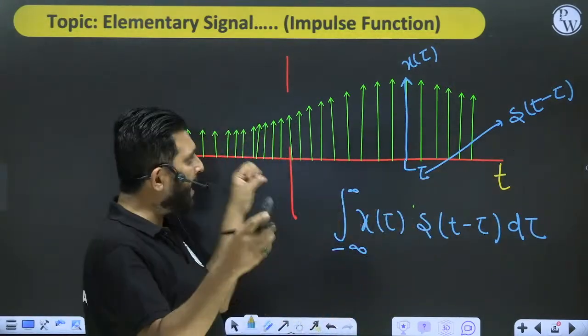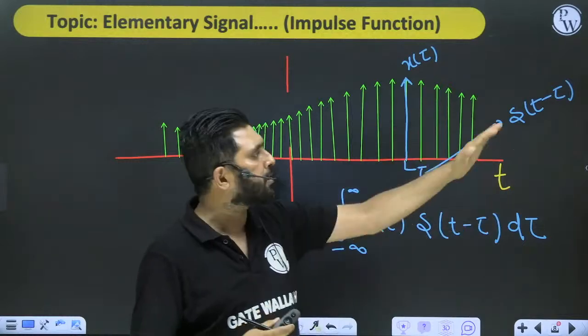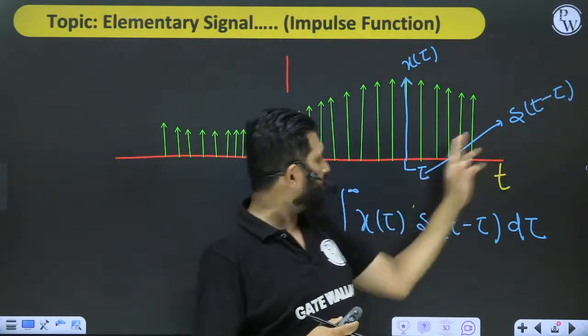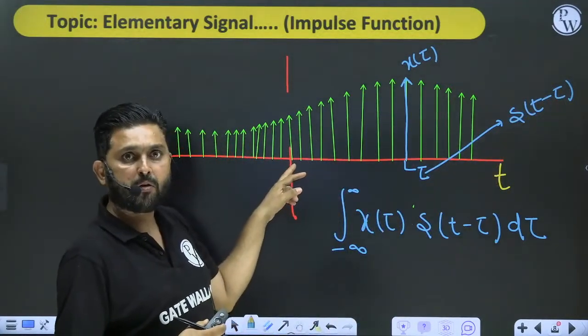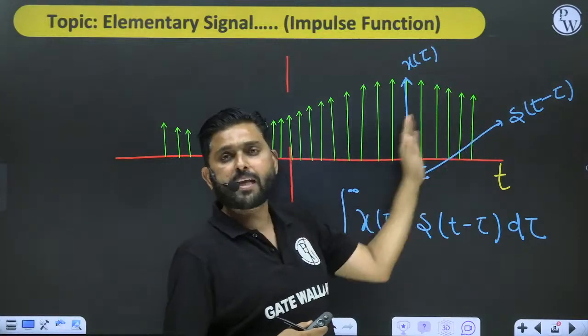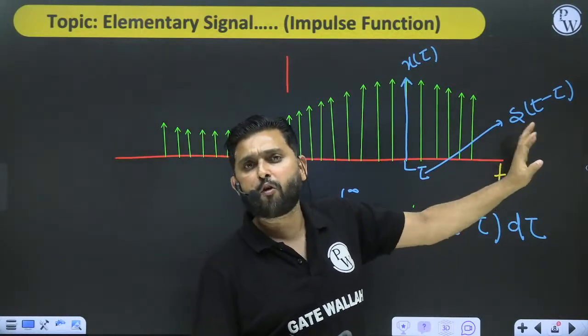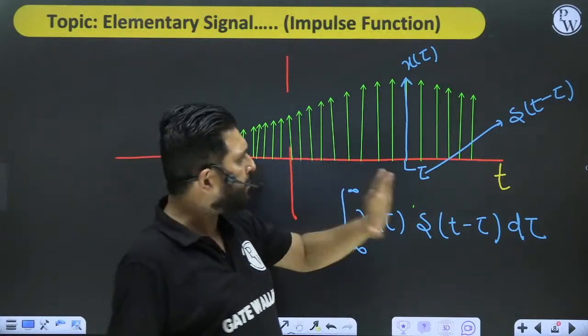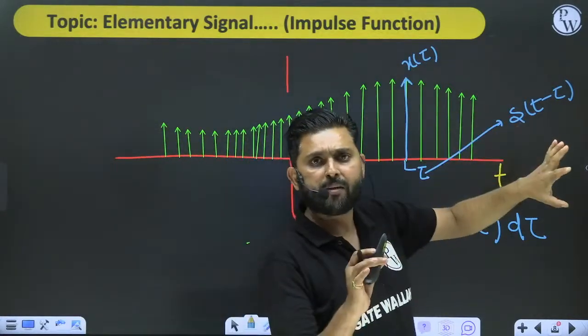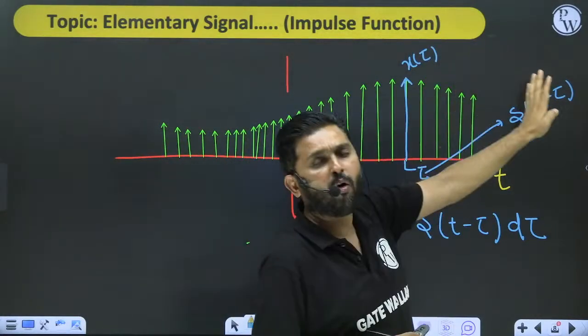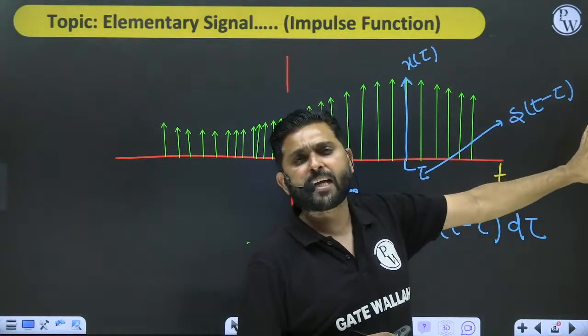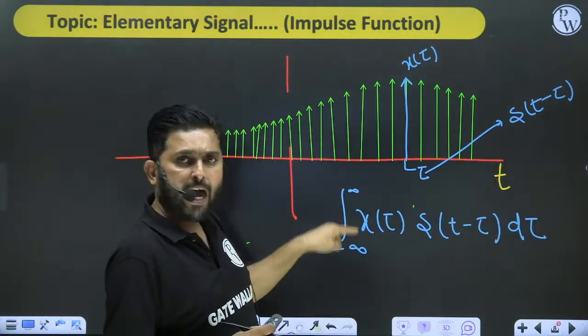Now if you add all such deltas depending on the values of tau: if tau is 0, the impulse exists at t equal to 0. If tau is 1, then the impulse exists at t equal to 1. Then t equal to 2, t equal to 3, t equal to 4, whatever. If you simply add all such impulses which exist from minus infinity, look at this, I have integration.